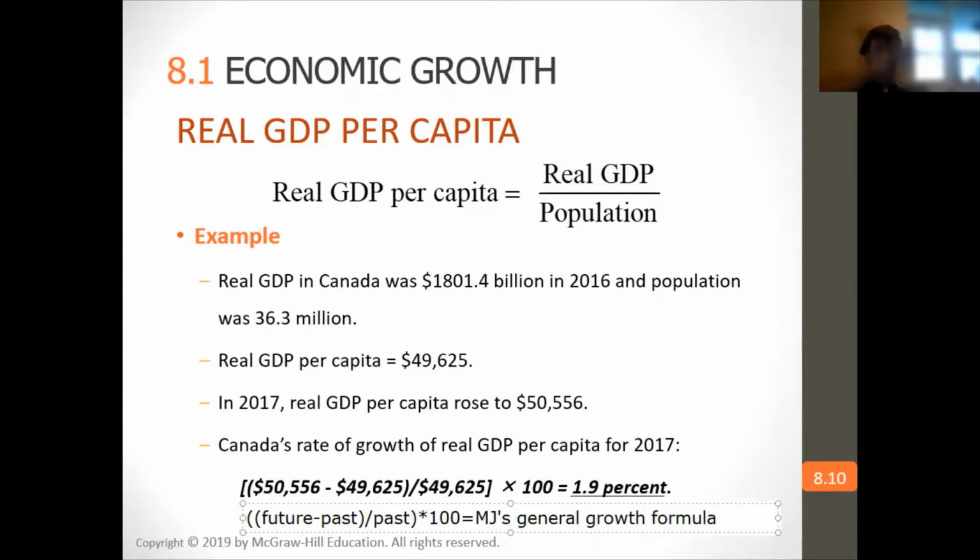This is how any sort of growth is calculated. It's a good way of thinking of it because you don't have to memorize the words in the formulas. That's how I think of it when I'm doing the calculation: future minus past divided by past times 100. That's how I think about it in my brain.